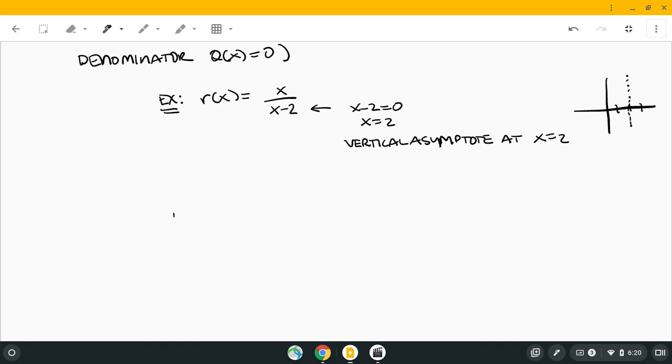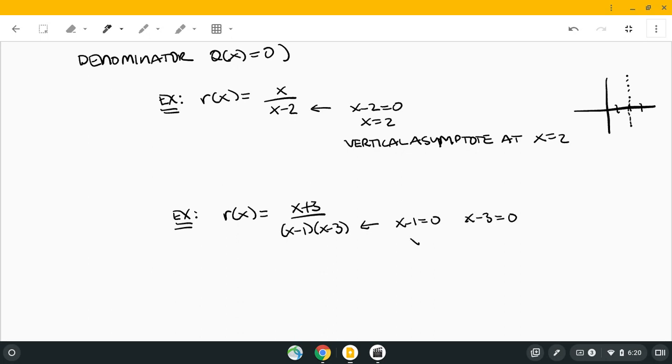Okay, let's take a look at this next one. Suppose that your rational function is x plus 3 over x minus 1 times x minus 3. Here we want to know when the denominator is 0, right? So we set each factor equal to 0 and solve.